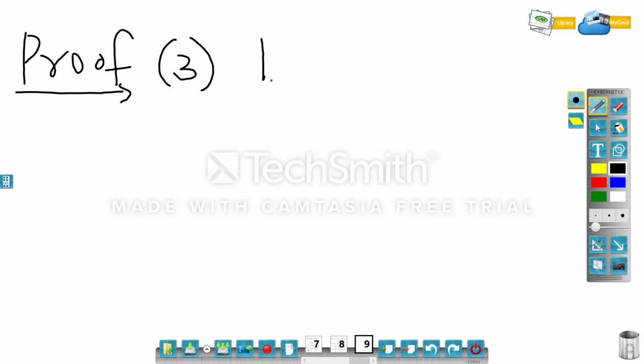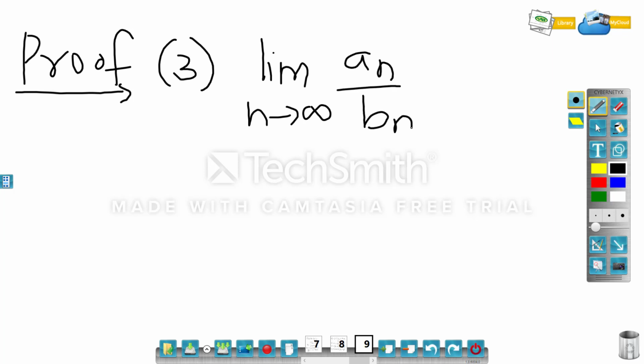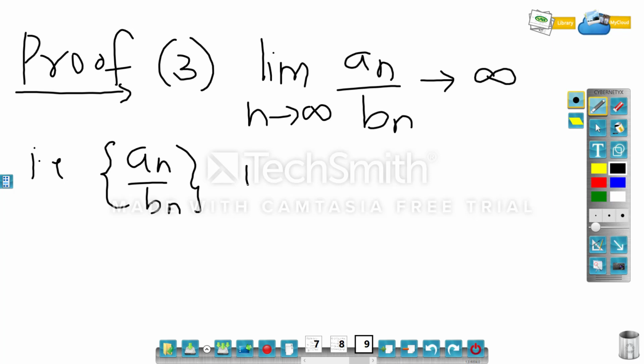It is given that limit as n goes to infinity of An upon Bn is infinity. That means the sequence An upon Bn is divergent. So that is, sequence An upon Bn is a divergent sequence.